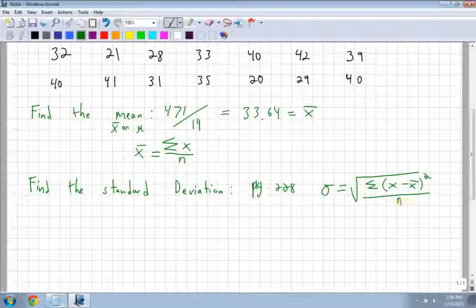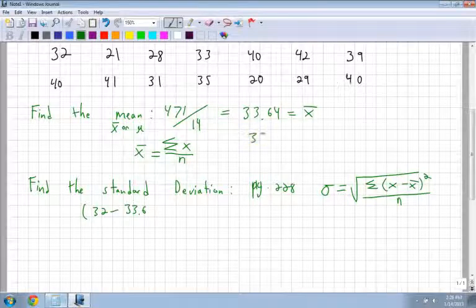It's not a matter of trying to solve this using algebra or something. What I have to do is do each one separately. So I have x. Let's do the first one. I have 32, and I'm going to subtract off my mean, which is 33.6. I'll round that to 33.6. And then I have to square it.